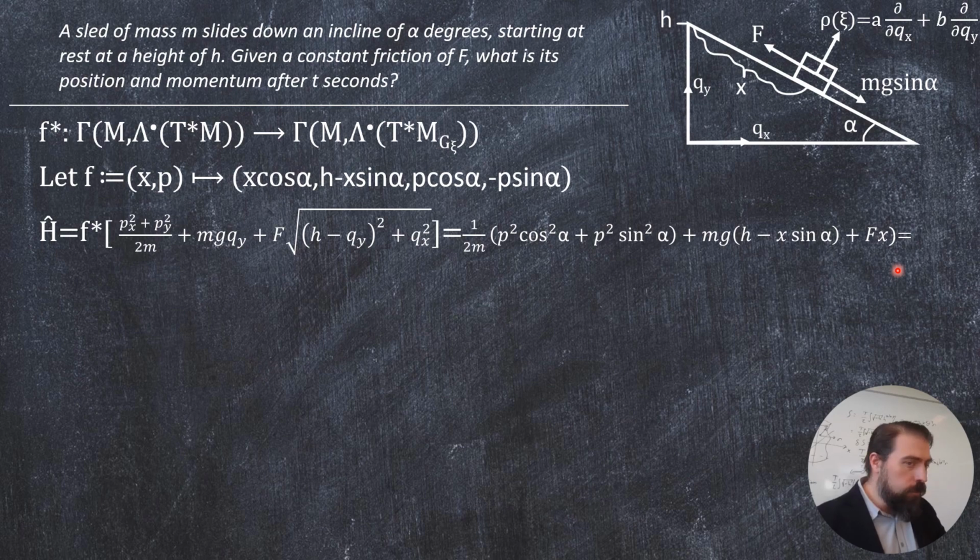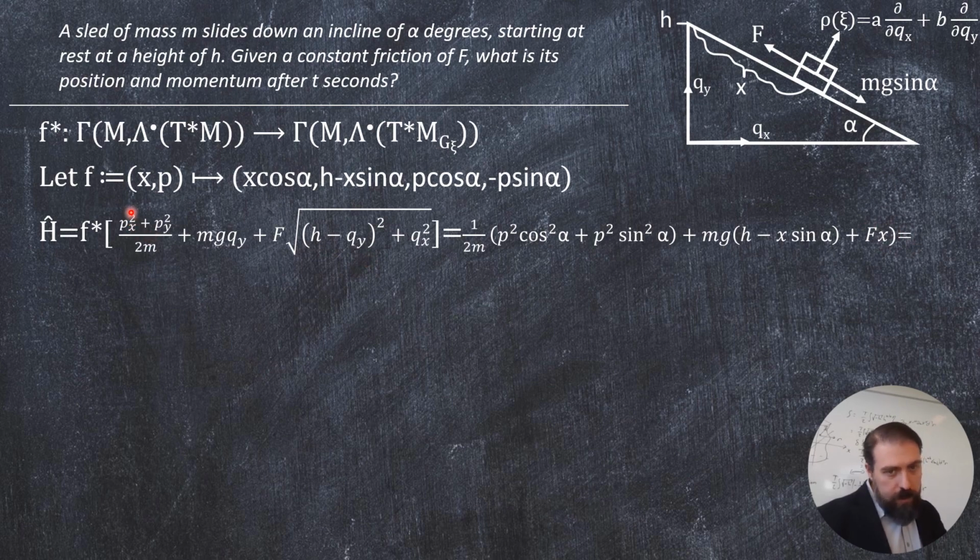And I can use this to pull back my Hamiltonian to this reduced manifold here. So I'm writing h hat here for the pulled back Hamiltonian, and this is f pull back the old Hamiltonian. Now this was just x, so I can just write that x here.